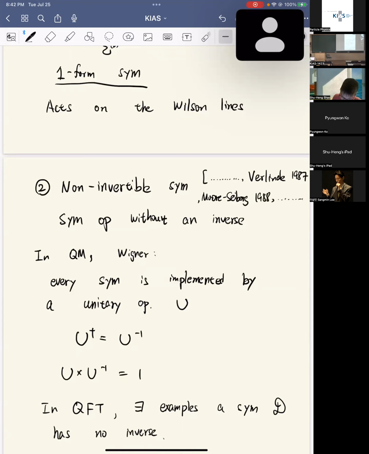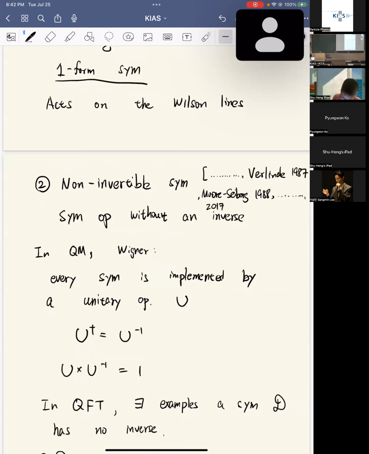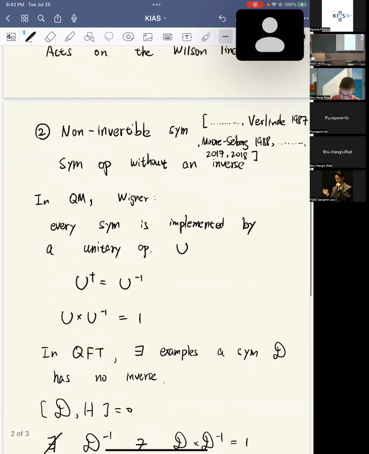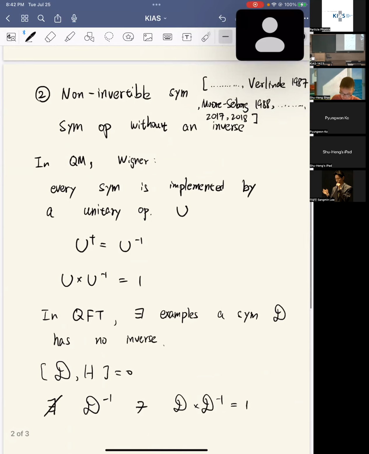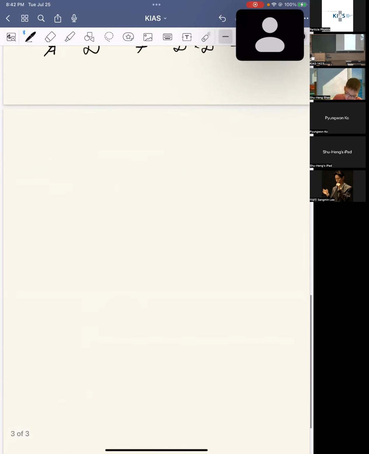Then there were many developments in between, but it was around maybe 2017, 2018, that people started to put all these non-invertible conserved operators into the framework of generalized global symmetries. Let me not try to give the full references here. You can find them in some of my papers. But the development of the history goes something like this.